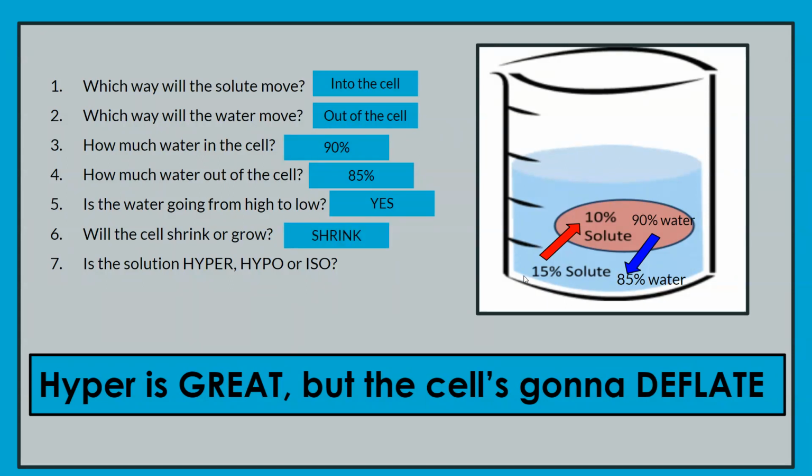And so if I put my cell in what we call a hypertonic solution, so this solution has more solute than the cell does, the cell will lose water and shrink. So my saying is hyper is great. It has a greater amount of solute, but the cell is going to deflate because it's going to lose water.